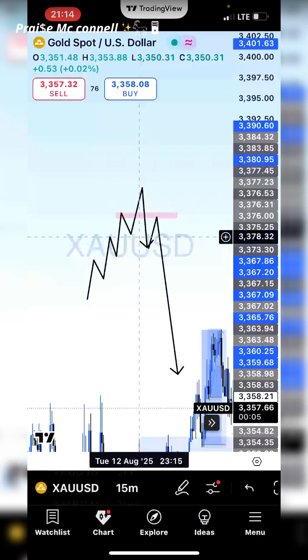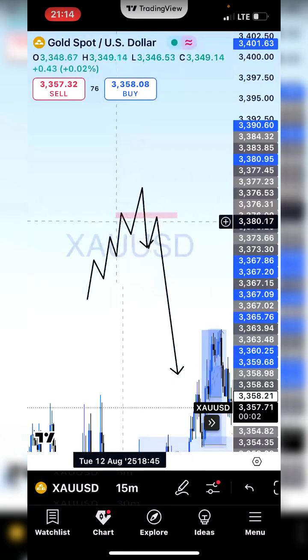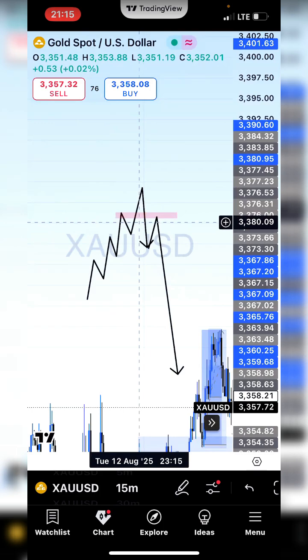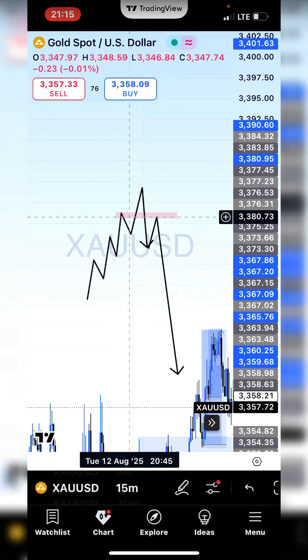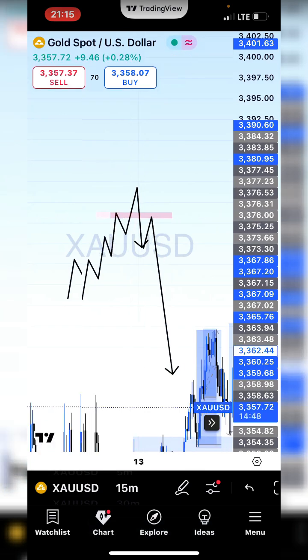Then it waits for a retest to this point here. It looks like what most people know as a head and shoulders pattern, but this is the pattern of invalidation. Do you understand? Yes, sir. I'll show chart examples.